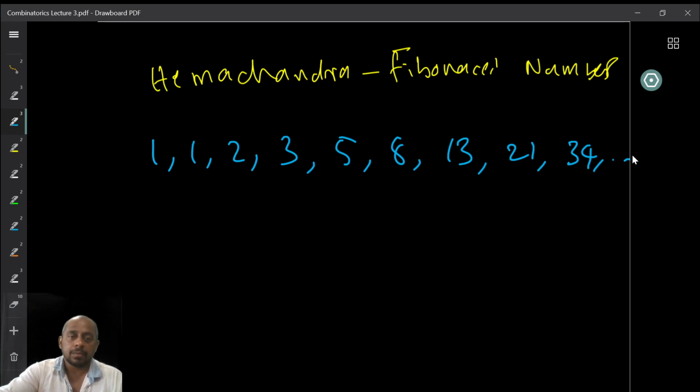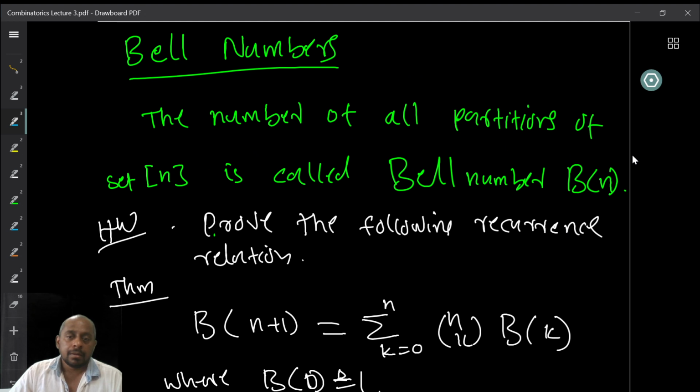Okay, now, we were looking at partitions of n into exactly k parts. Suppose we don't worry about exactly k, but we want to partition into any number of parts, right? Now, how many are there? Of course, we know that if you sum over all possible k ranging from 1 to n, we will get all possible partitions.